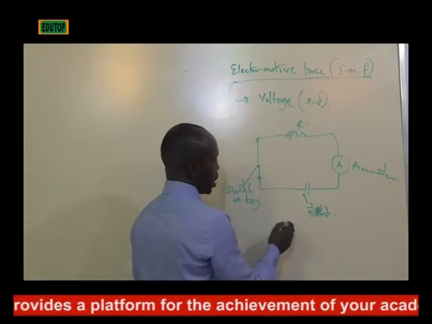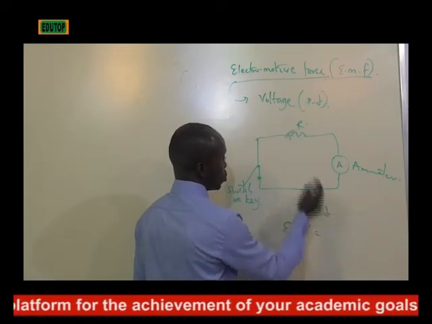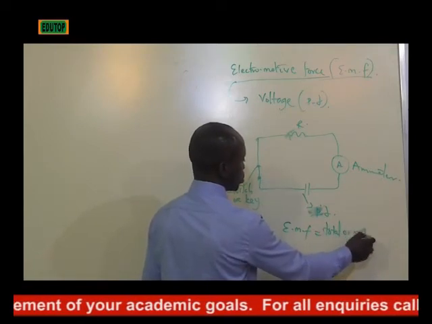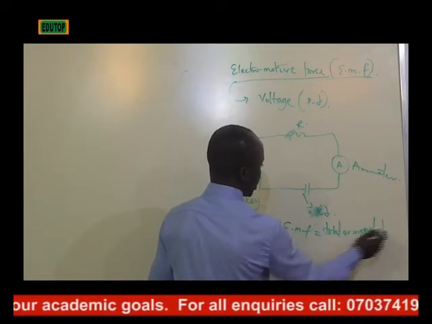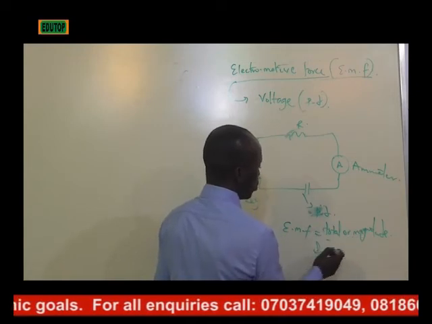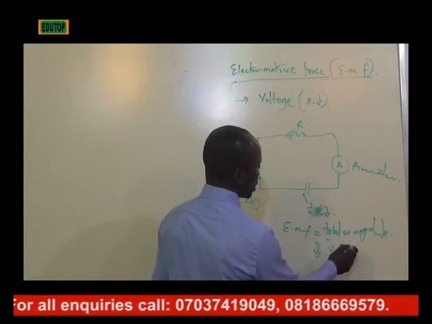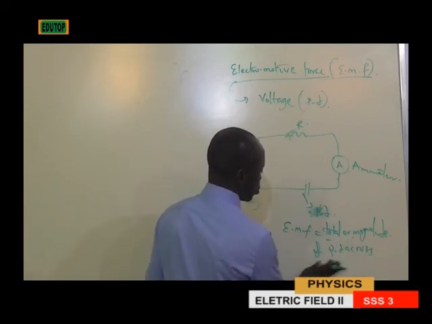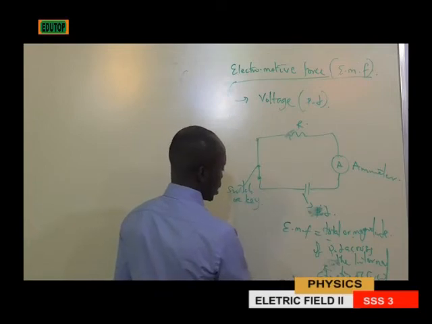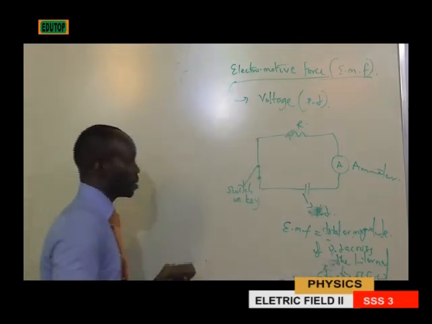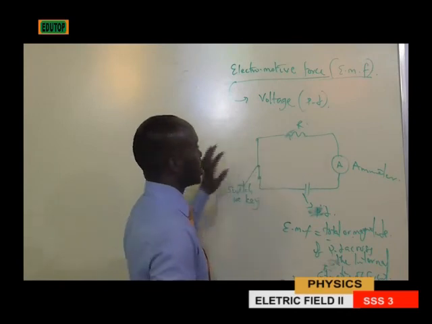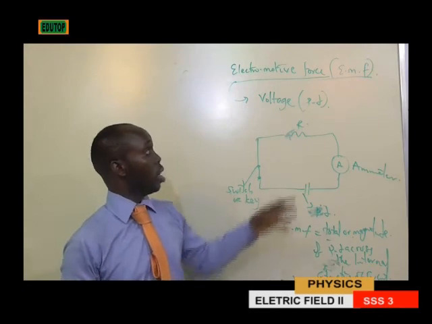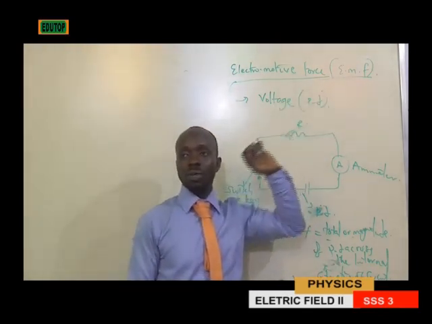So EMF is the total or magnitude of potential difference across the internal structure of the circuit and the external. So the EMF experienced both inside the circuit and outside the circuit, calculation of the two makes us have EMF. That's the electromotive force. Let's proceed.